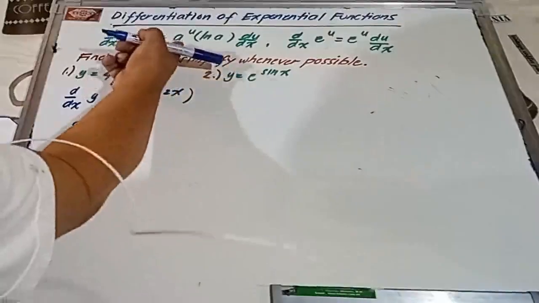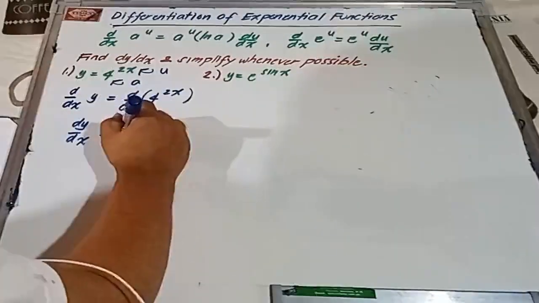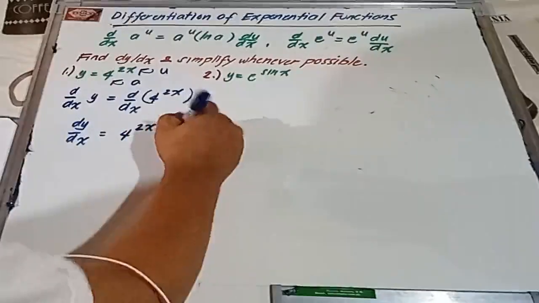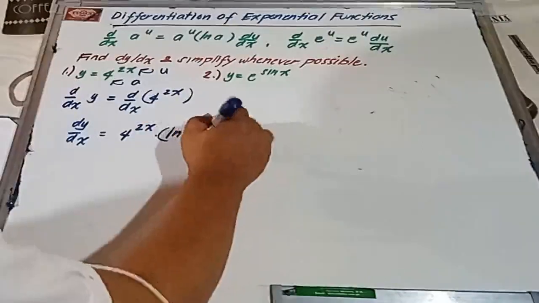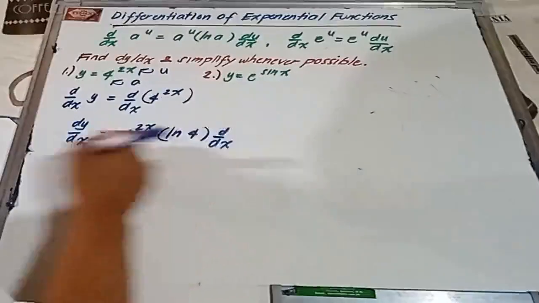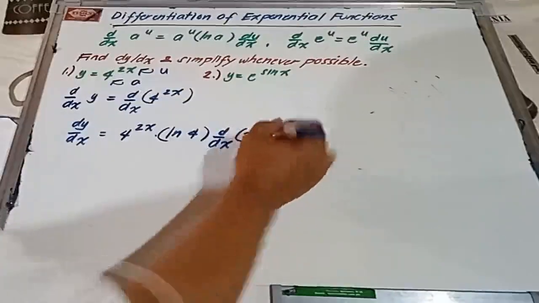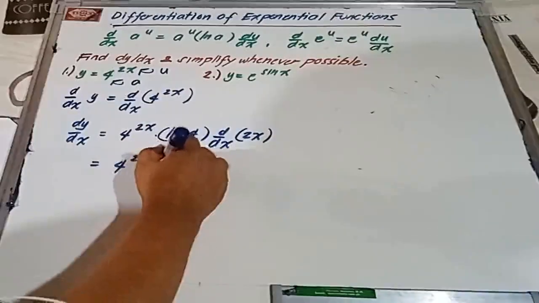And then, gamitin lang yung first formula natin, that is equal to a to the u. So, we have 4 to the 2x times ln a, happens to be 4, so magiging ln 4, times derivative pa ng ating u. Ang u natin, yung exponent ni 4, which is 2x. So, we have 4 to the 2x, ln 4.